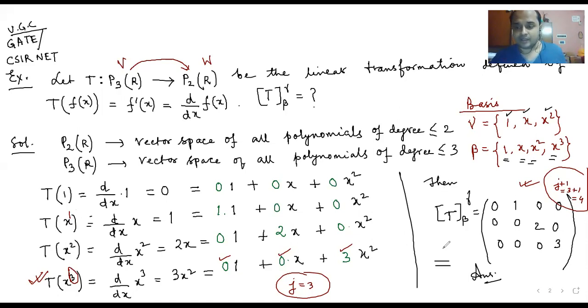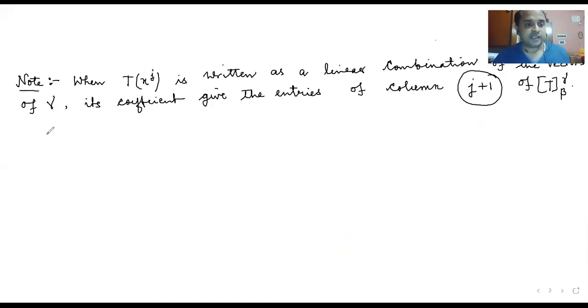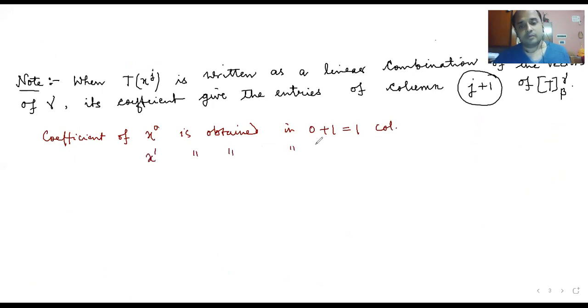So with respect to our previous example, the coefficient of x to the power 0 is obtained in 0 plus 1, that is the first column. x1 is obtained in 1 plus 1, that is the second column. x2 is obtained in 2 plus 1, that is the third column.